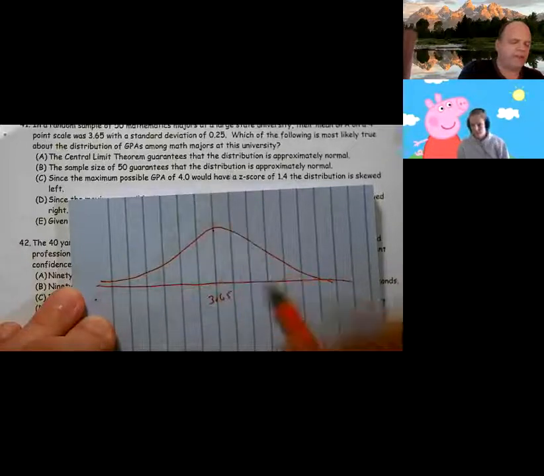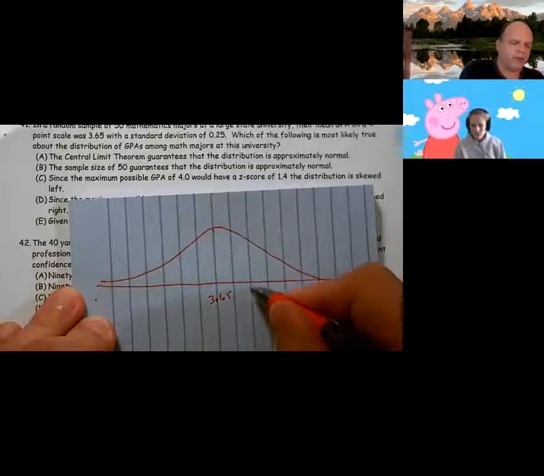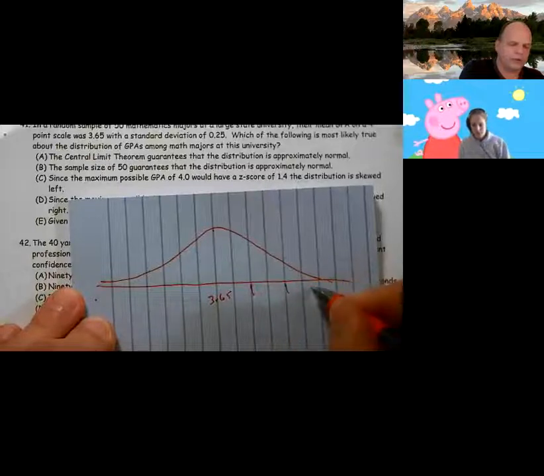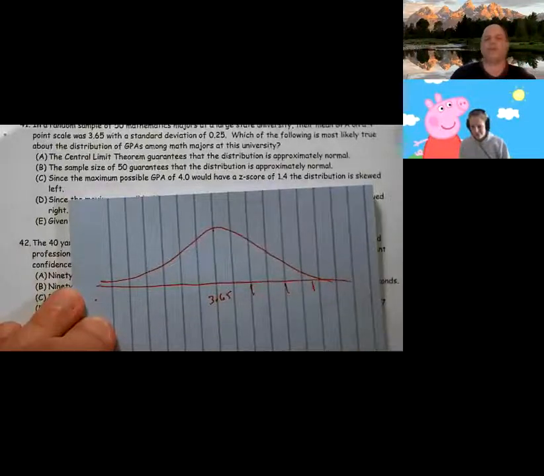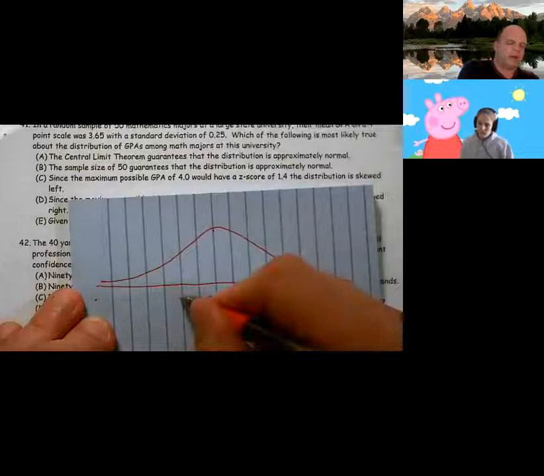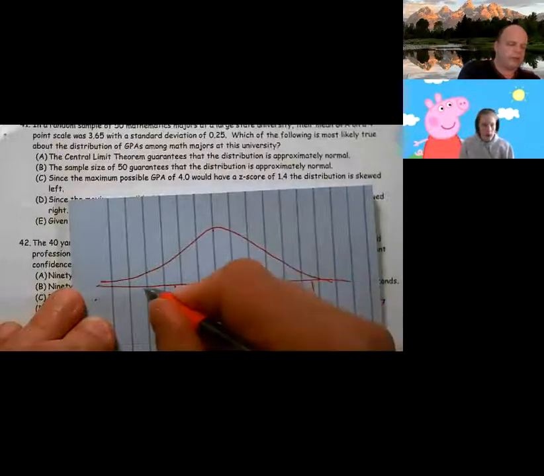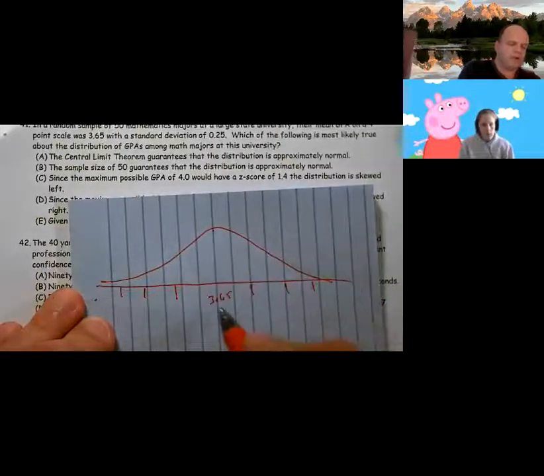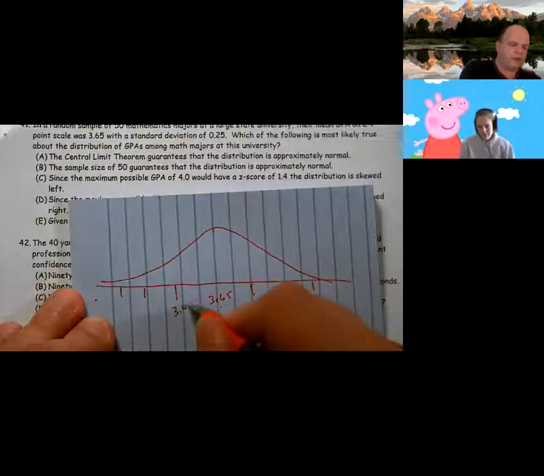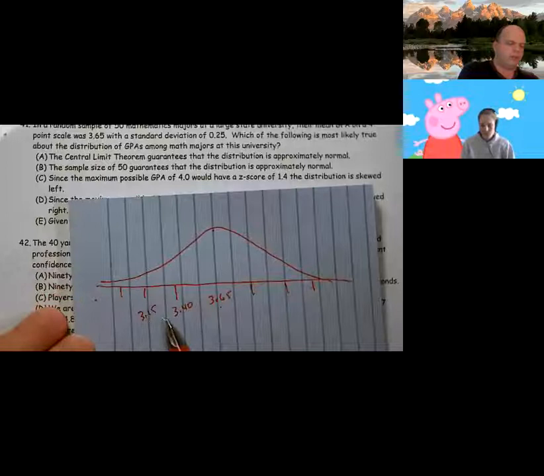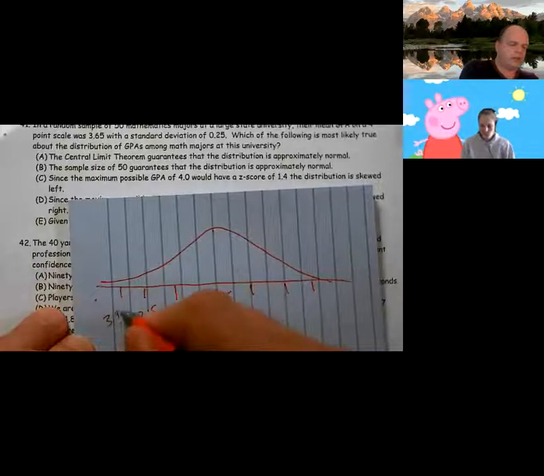If I have a standard deviation of 0.25, then for a normal curve I should have 3 standard deviations going up and 3 standard deviations going down. So going down, this would be 3.4, 3.15, and this would be 2.90 if I subtracted correctly.